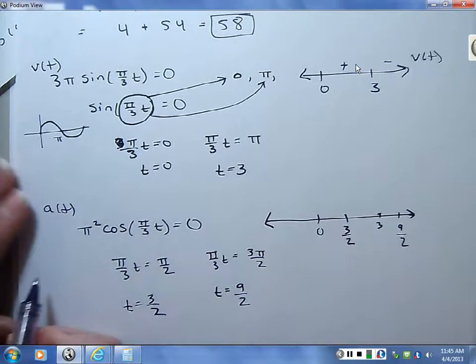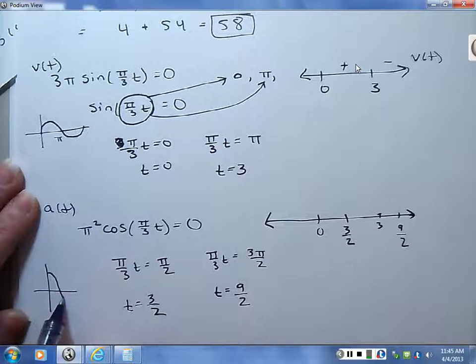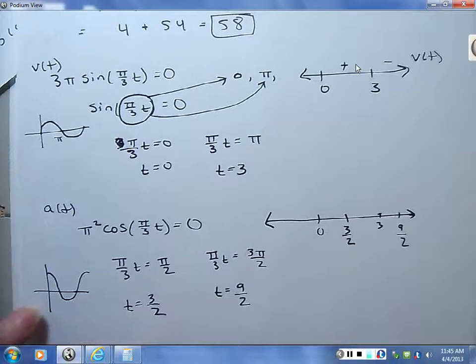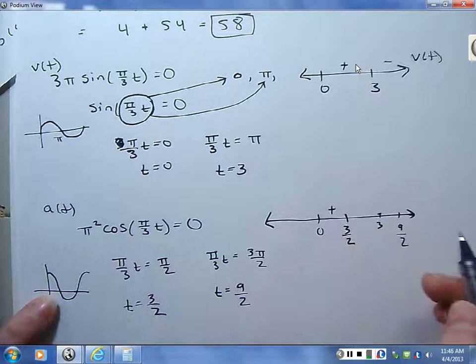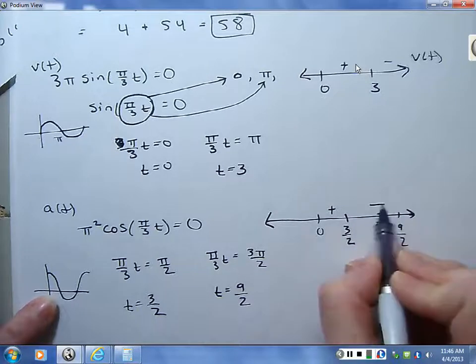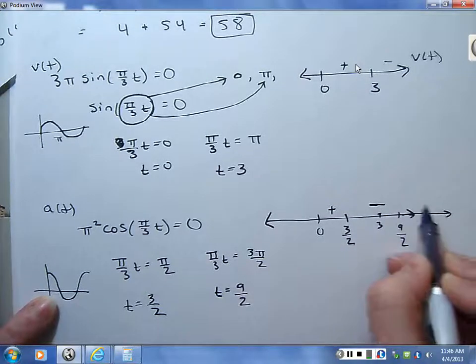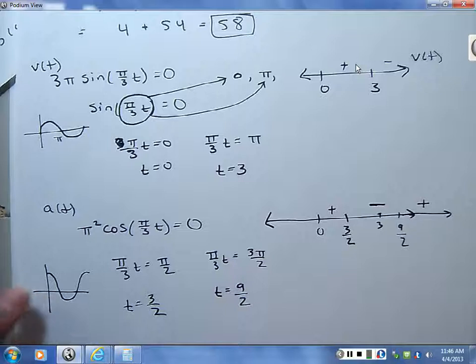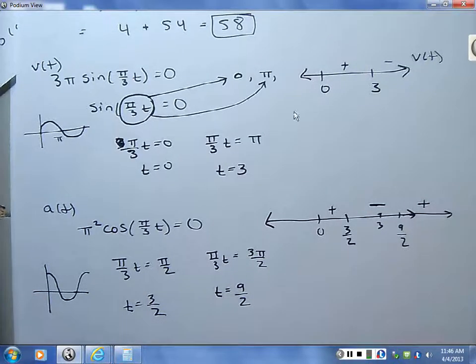So cosine looks like this, right? It's positive into pi over 2. So this would be positive, and then this would be negative, and then this would be positive. But I only want to go to 5.5, right?